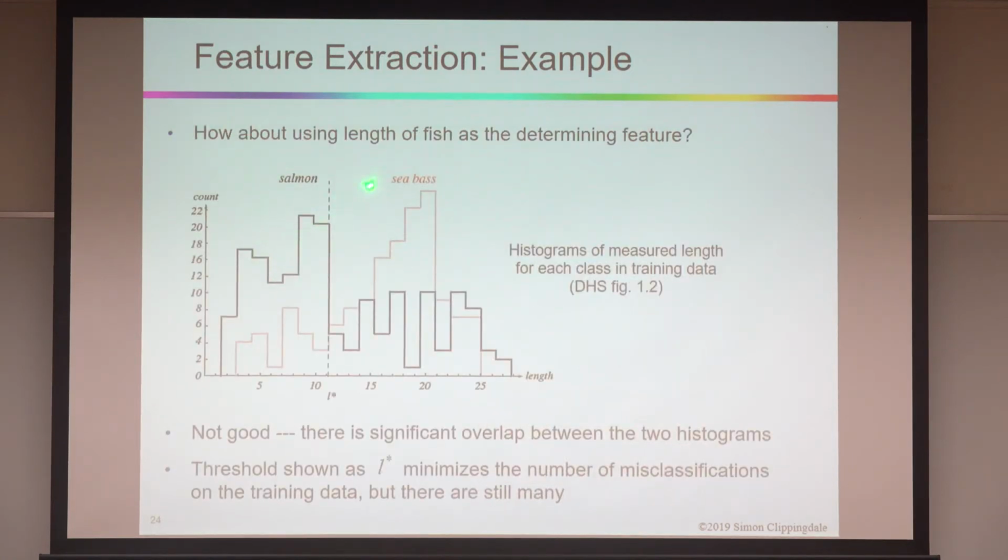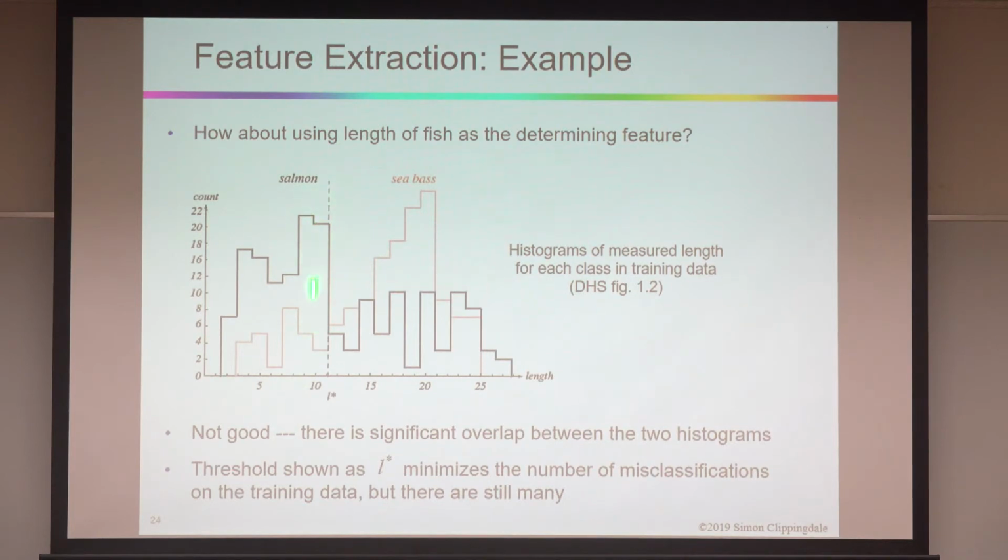So, how about, for example, using the length of the fish, if you can measure that from the image? Turns out not very good. If you try that, you find that the salmon are mostly about this length. This is length on the x-axis, and the y-axis says count because it's a histogram: how many fish are that length.